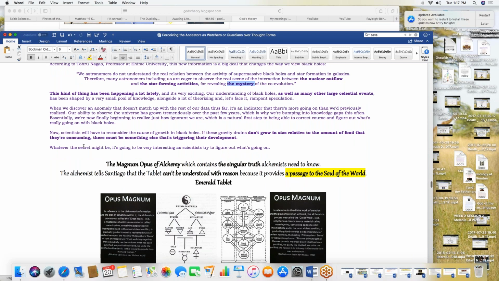That's what they're studying because, now see, this is what CERN is all about. They're trying to find the God particle. And they're trying to create micro black holes. Look it up.